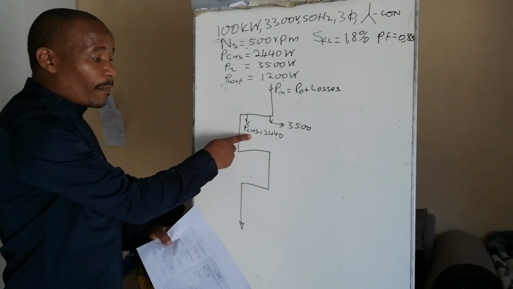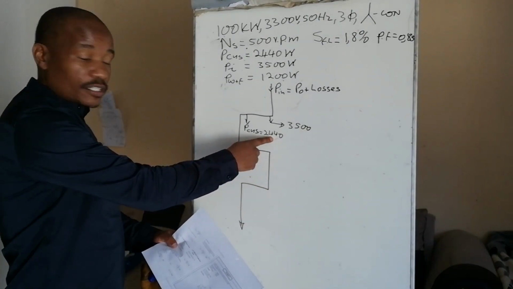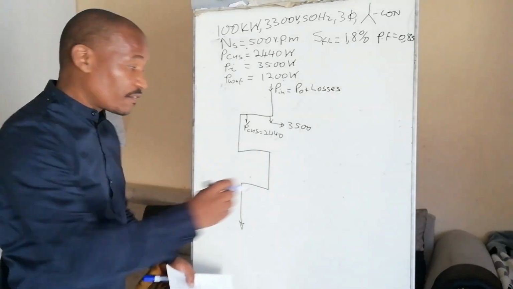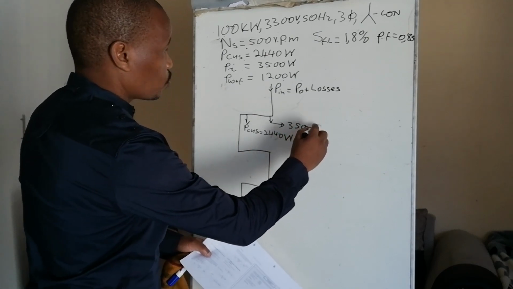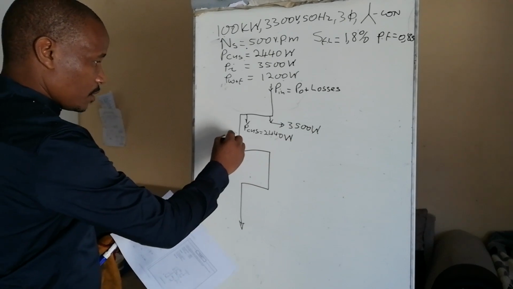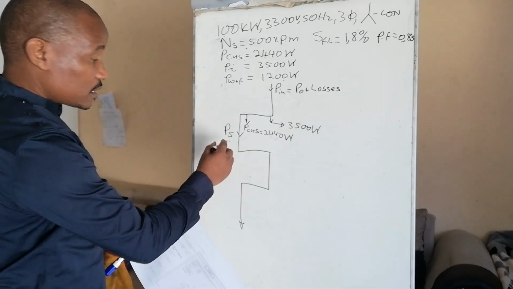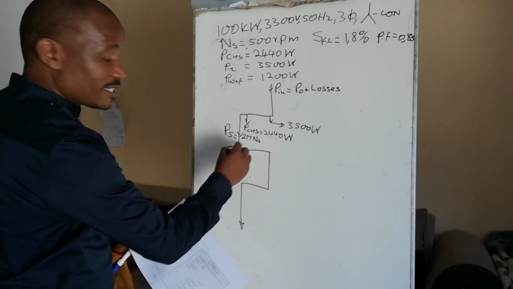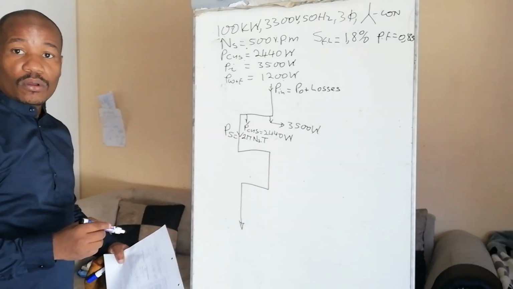So yeah, these are the stator copper losses, and they are given as 2440 watts. Let me put watts. This is very, very important. Units, it's watts, otherwise you are out. And then here you've got the synchronous power. This synchronous power is equal to 2 pi times the synchronous speed multiplied by the torque.